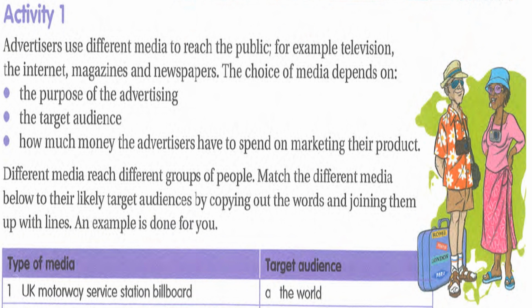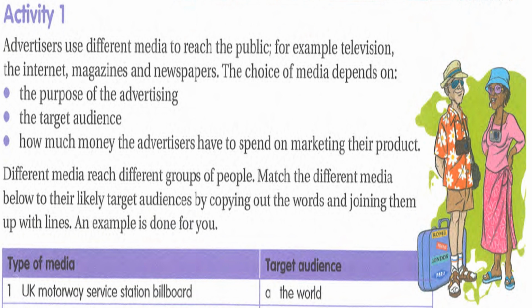Activity 1. Advertisers use different media to reach the public. For example, television, the internet, magazines, and newspapers. The choice of media depends on the purpose of the advertising, the target audience, and how much money the advertisers have to spend on marketing their product.